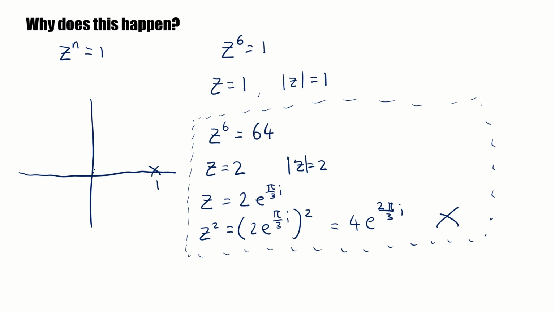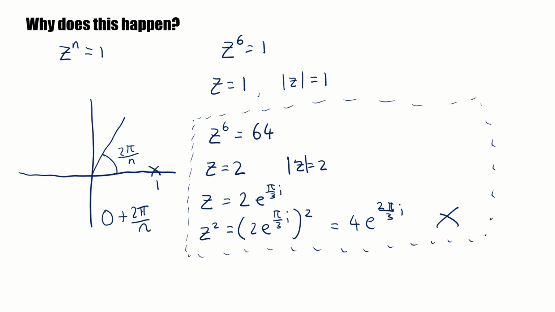That means our second root, wherever it is, will be a complex number with an argument that's got an additional 2 pi over n extra added onto the argument we had before. But as the argument we had before was 0, that means the argument of our second root is guaranteed to be 2 pi over n.